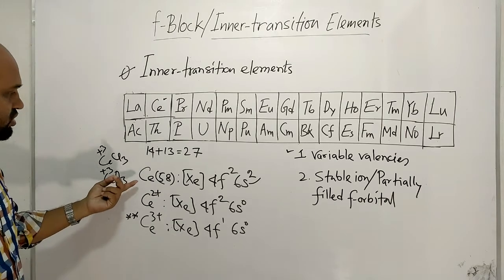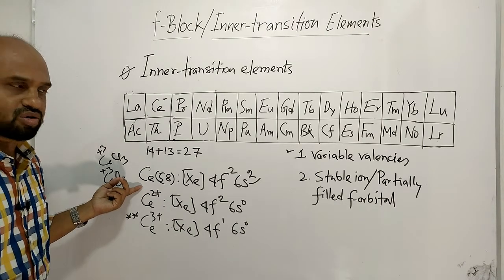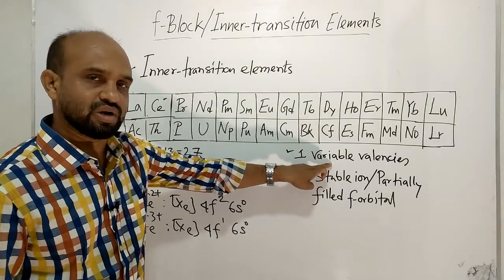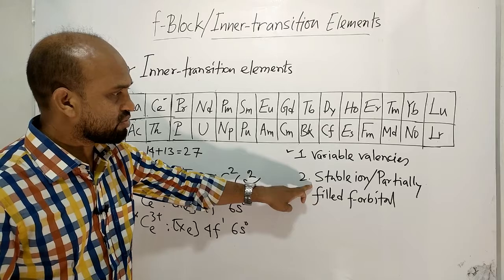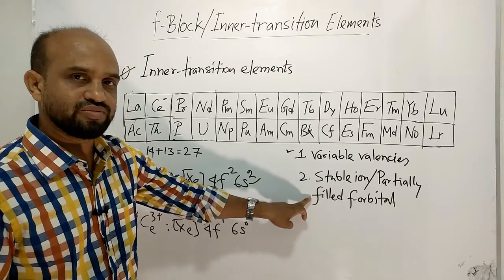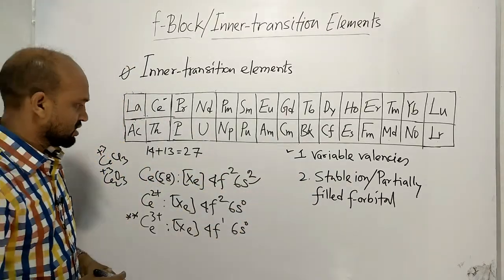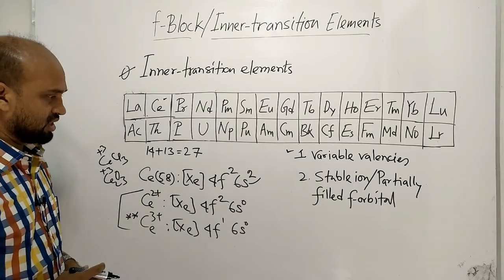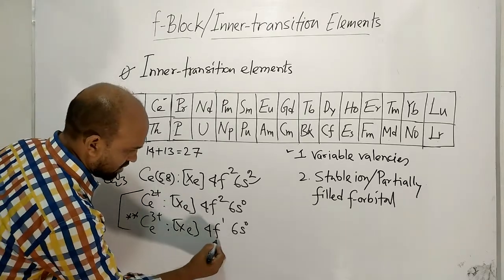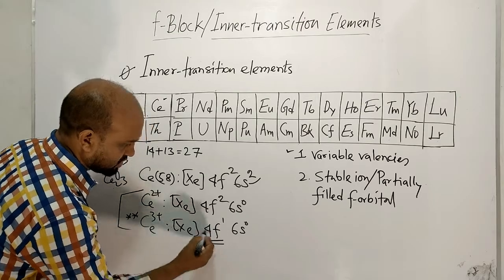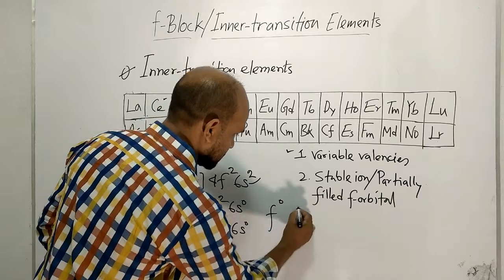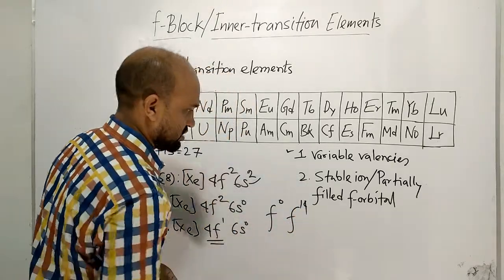So this is the stable ion, because the compounds of this ion are there. And now let's see whether it is transition or not. To be transition, the element must show variable valencies and stable ion with partially filled f orbital. Let's see here. It is showing variable valencies, and the stable ion will have partially filled f orbital. F orbital, this is vacant and this is full filled.